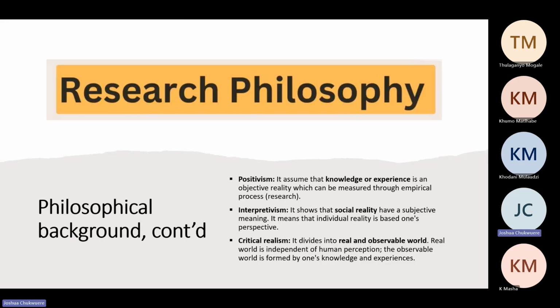So also we have positivism research, which assumes that knowledge and experience are objective, which are measured through empirical processes. So you want to establish people's experience of using this particular system.